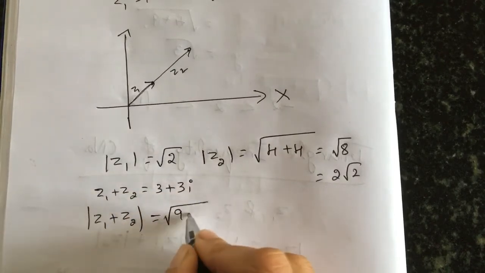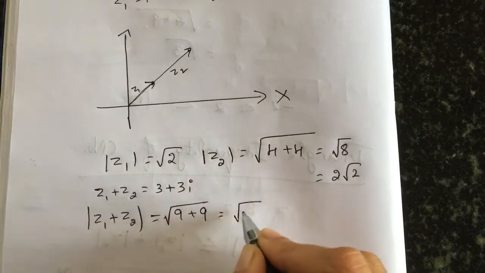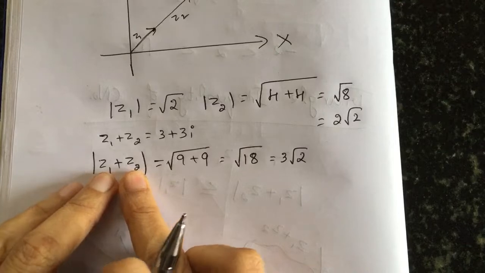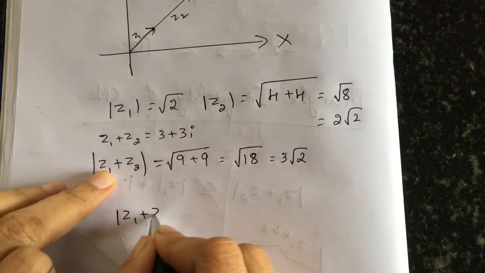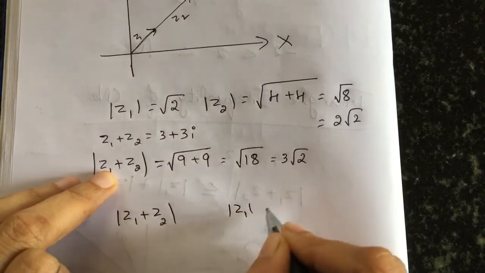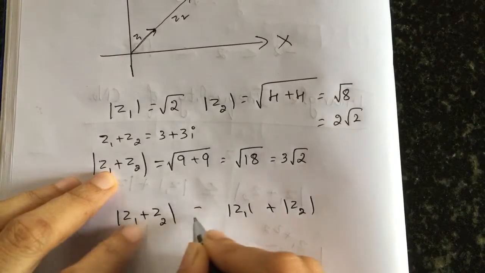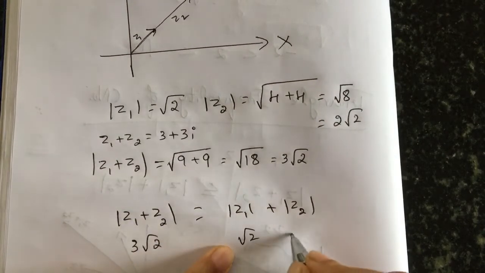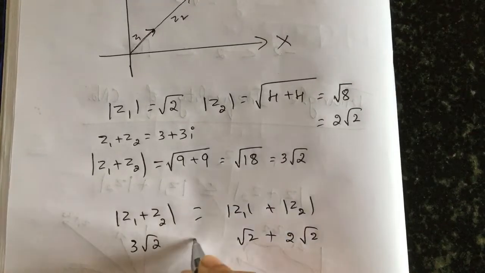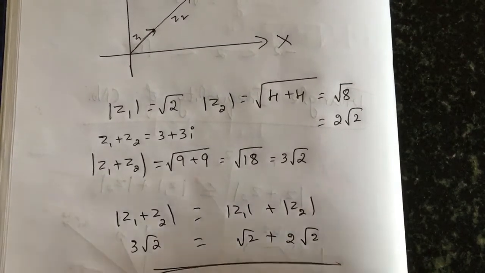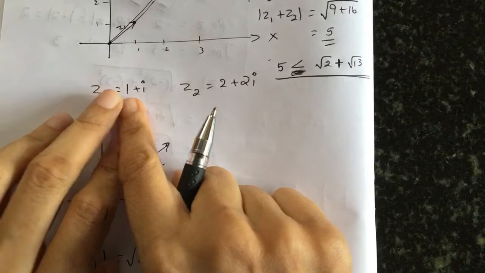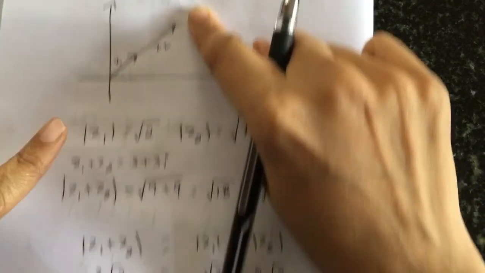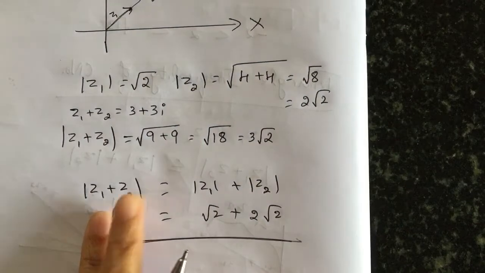So that's root of 9 plus 9, root 18. Now you can observe that mod z1 plus z2 and mod z1 plus mod z2 are equal, because this is 3 root 2, and this is root 2 plus 2 root 2, which is nothing but 3 root 2. That's what I'm saying. If they are collinear, like this, then mod z1 plus z2 is equal to mod z1 plus mod z2.